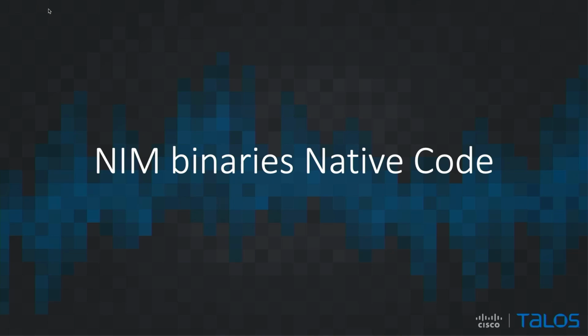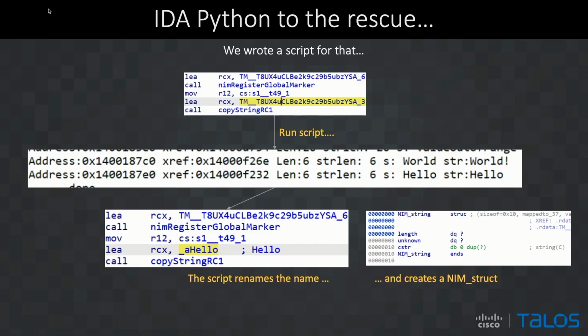Okay, there we go. Thank you. So maybe one word on the little IDA script which I wrote to parse the Nim binaries. It is also adding the structure. It is doing some guessing if it is a Nim string or not, so there's a chance that it might miss a few strings.